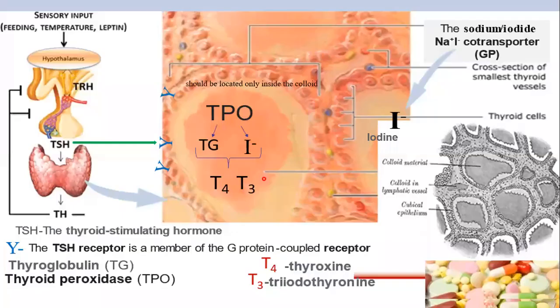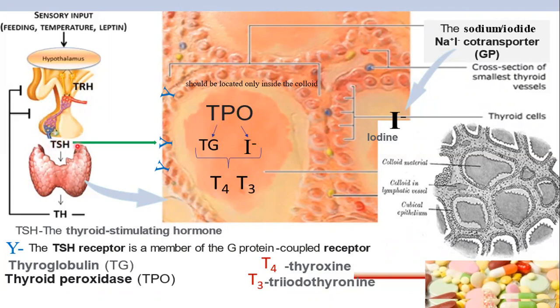Okay, and in this picture you can see the hypothalamus synthesizes releasing hormone. This releasing hormone acts on the anterior pituitary.